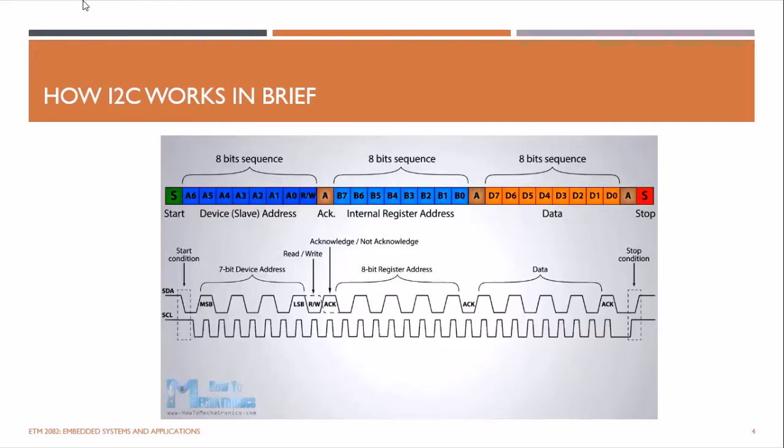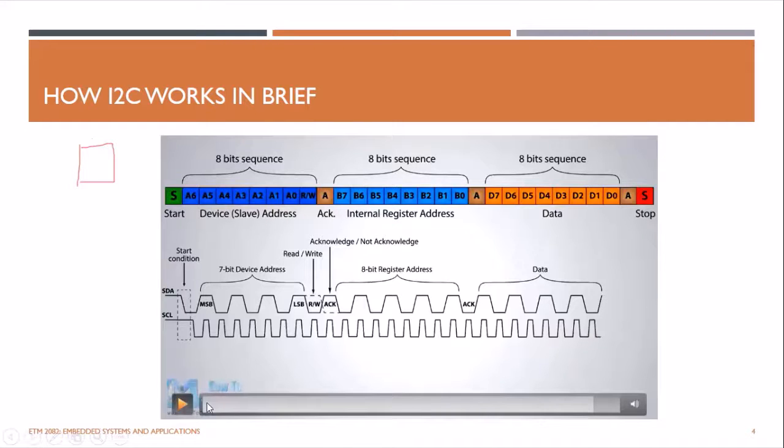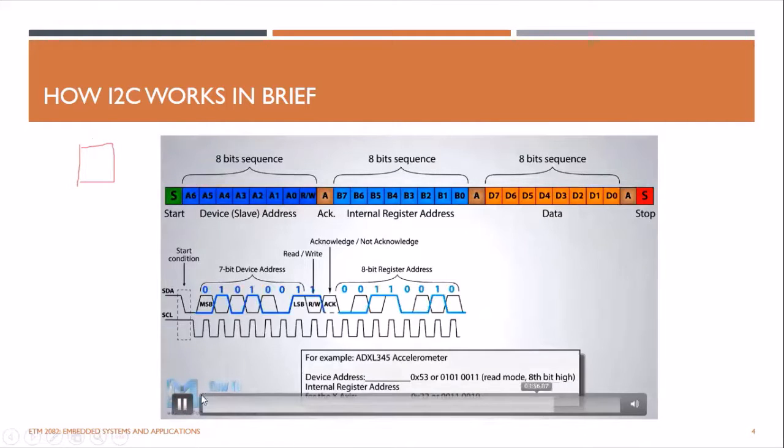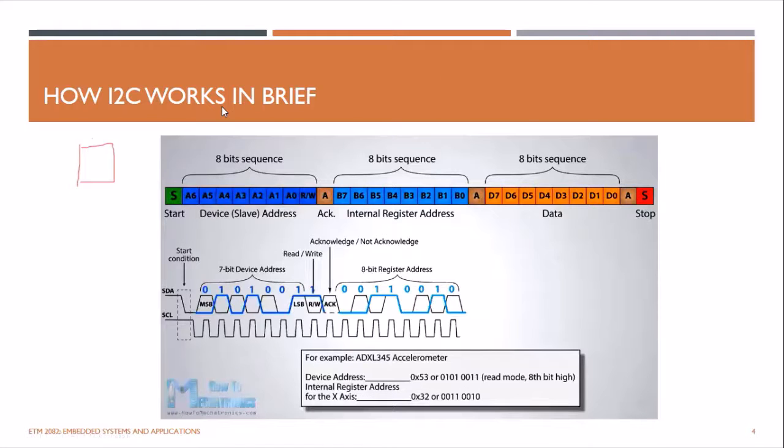Okay, as he talked about, you have an understanding of how this data packet is sent. For example, now he told us there's an accelerometer which has an address of 53. So the first step you need to do is write that slave address.